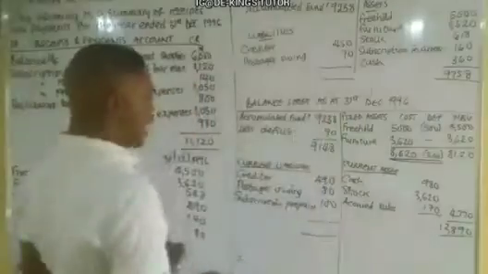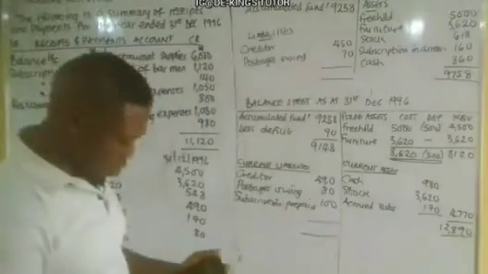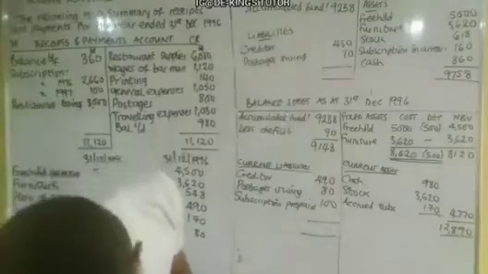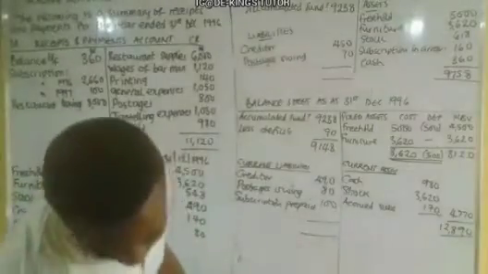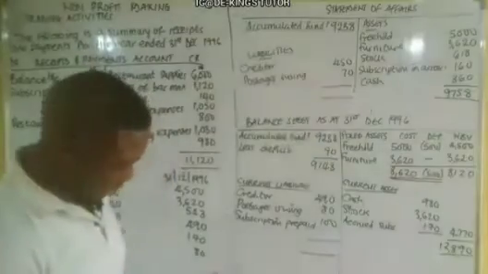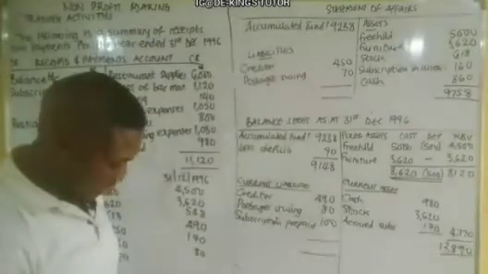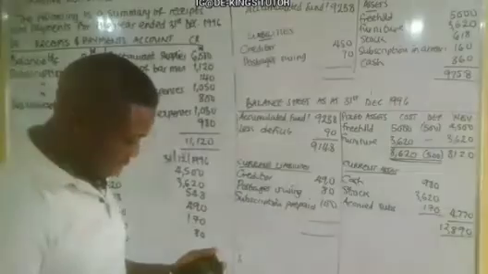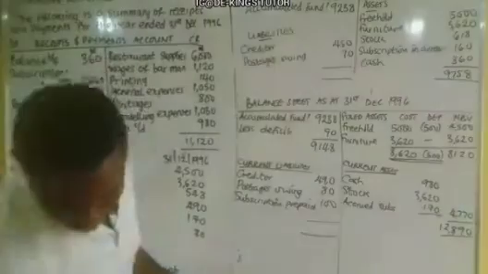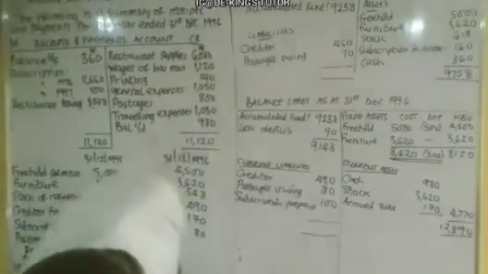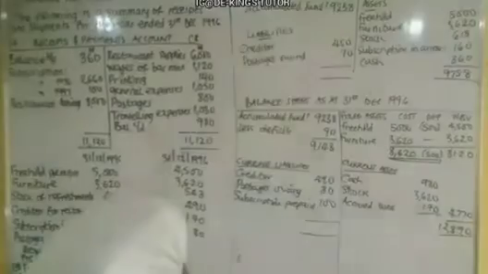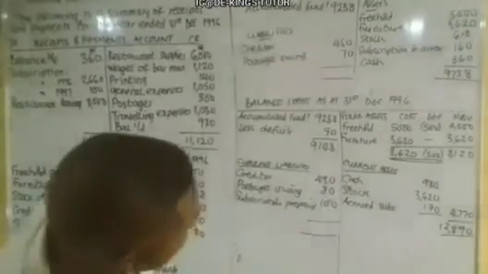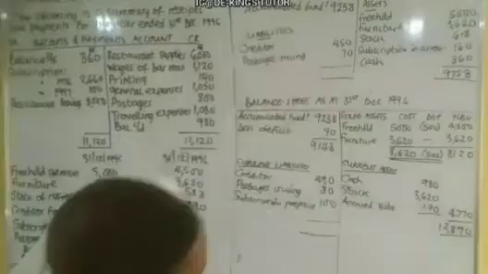So if we add up this also, we'll have 9148 plus 490 plus 180. So we have 9818. Okay?